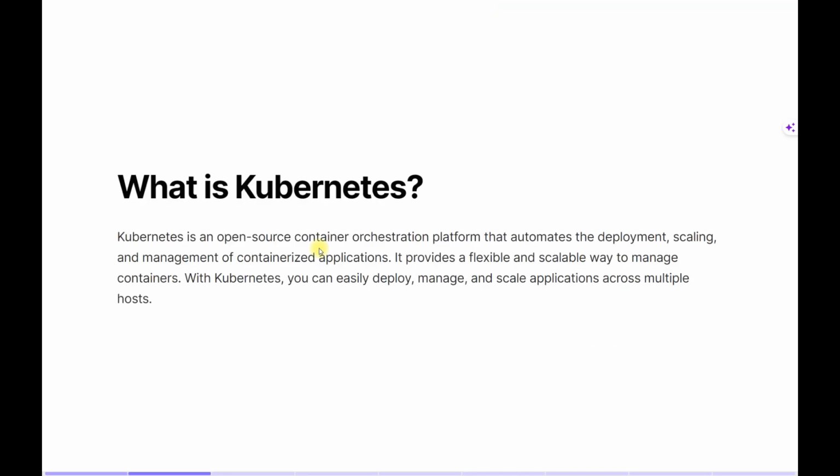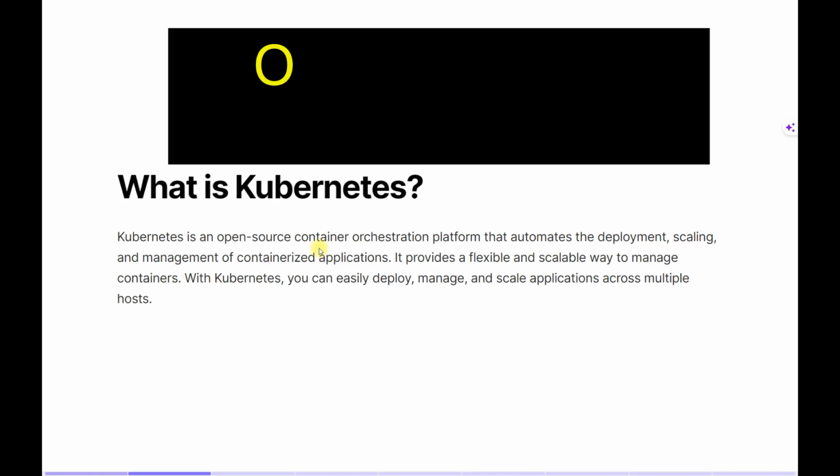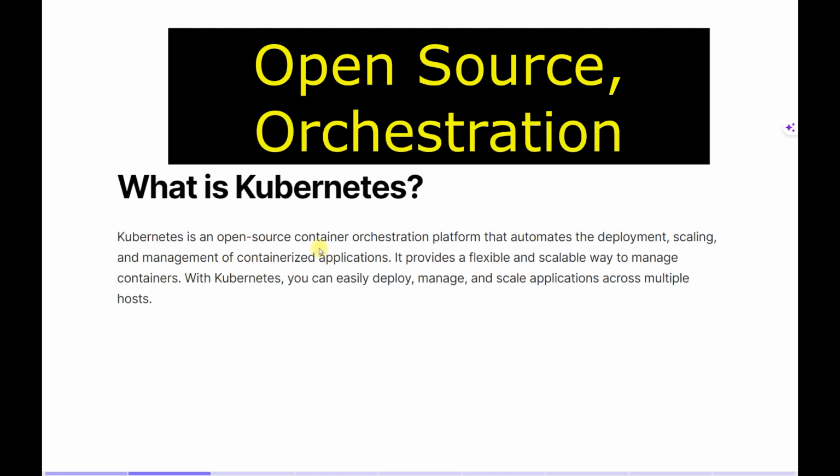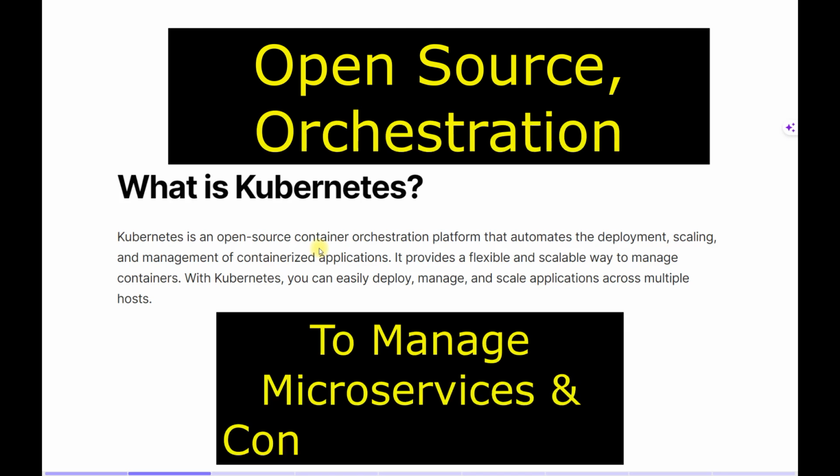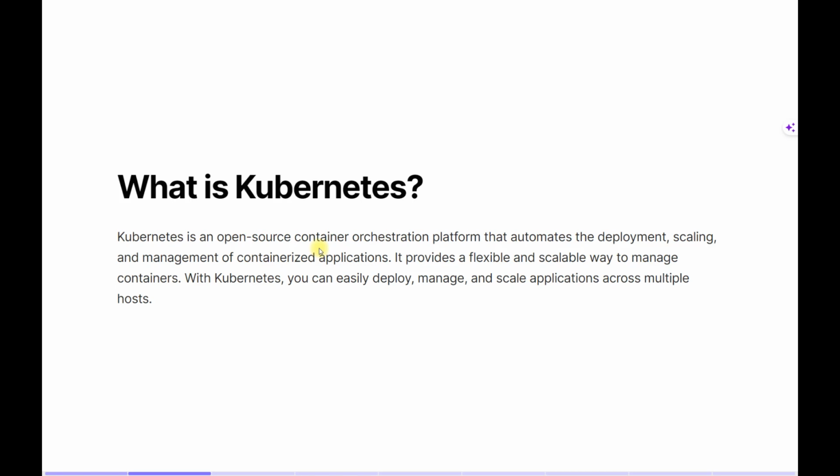This is the general definition you will get everywhere, but in simple terms, you just understand this: Kubernetes is an open source orchestration tool which is developed by Google for managing microservices and containerized applications. So this is how we can define it simply. Let's define it again. Kubernetes is an open source container orchestration tool which is helpful to manage microservices and containerized applications, and it is developed by Google.